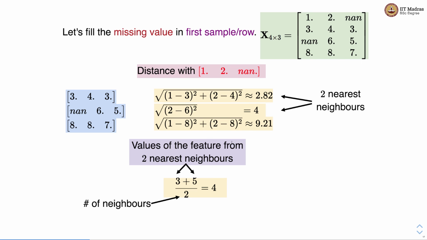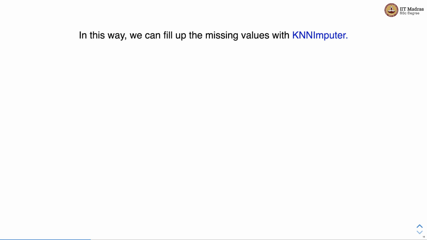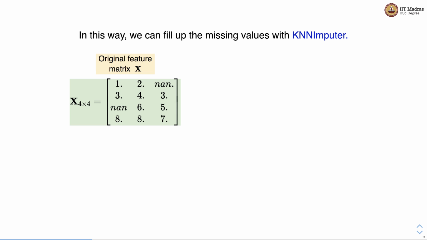We calculate the mean of these values for the 2 examples, and it comes out to be 4. So we fill up this missing value with 4, and we get 1, 2 and 4 after transformation. In this way we can fill up the missing values with KNNImputer.